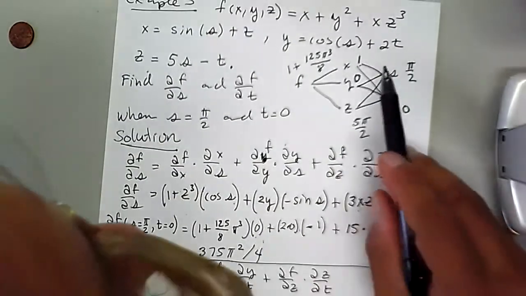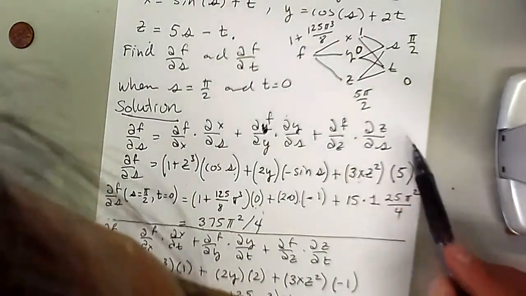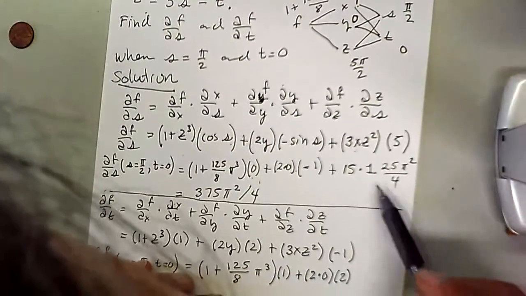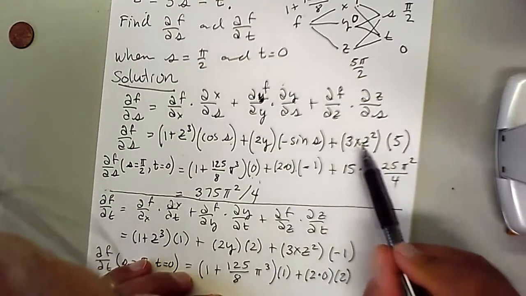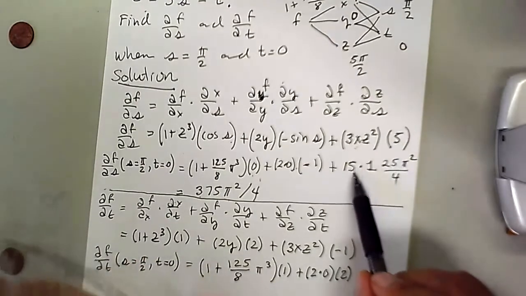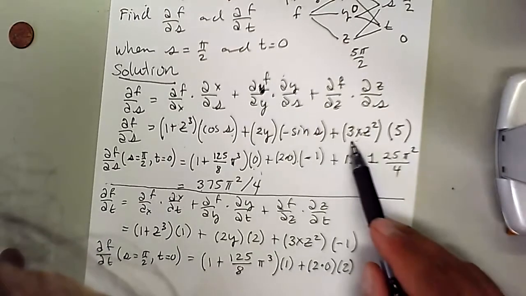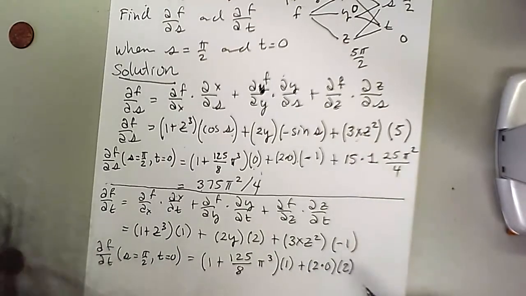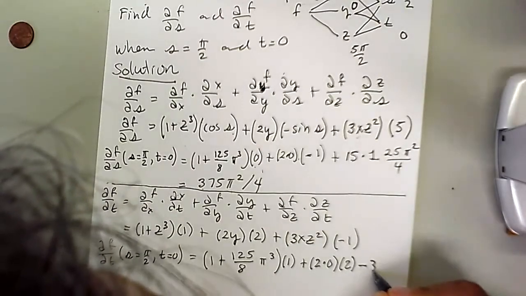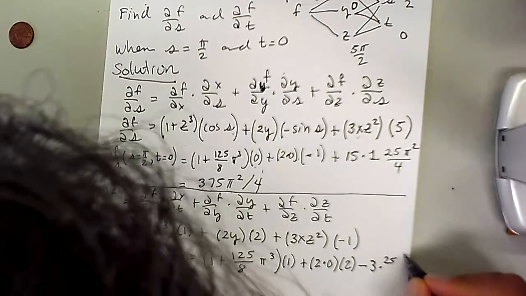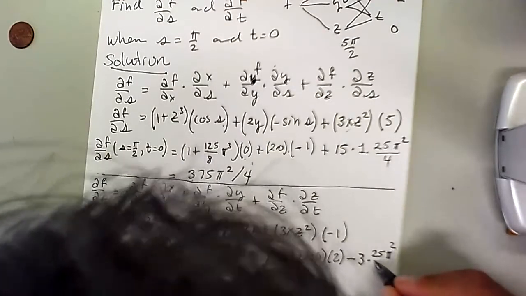So it's 3, 1, this guy squared, 25 pi squared over 4. Instead of the 15, it is only 3, but we're subtracting it. So minus 3 times 25 pi squared over 4.